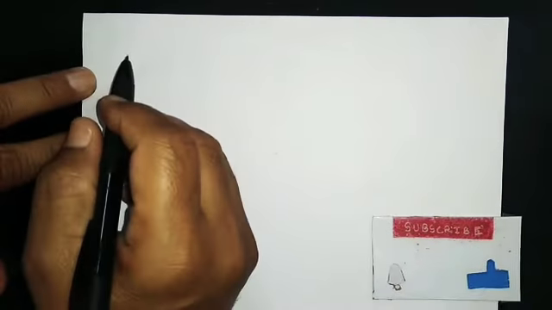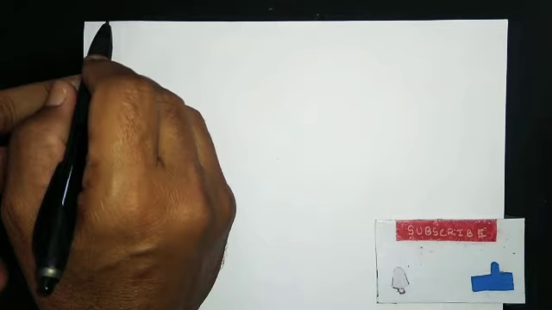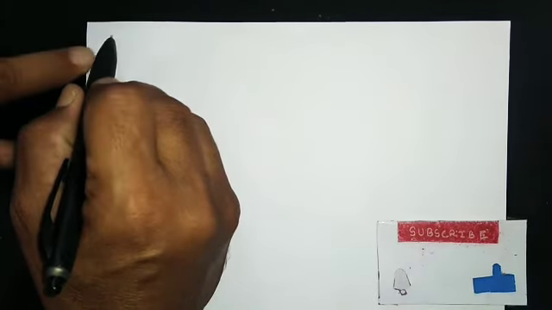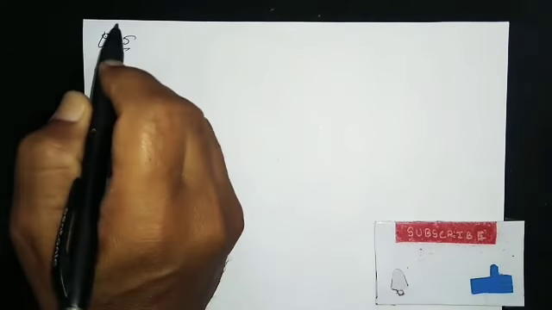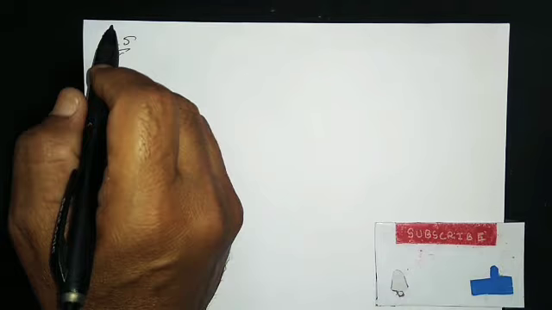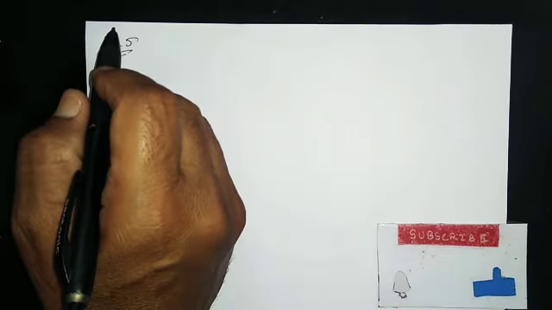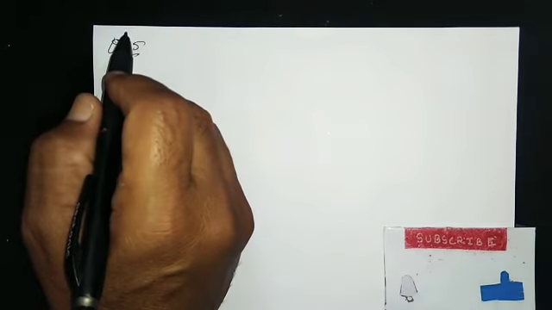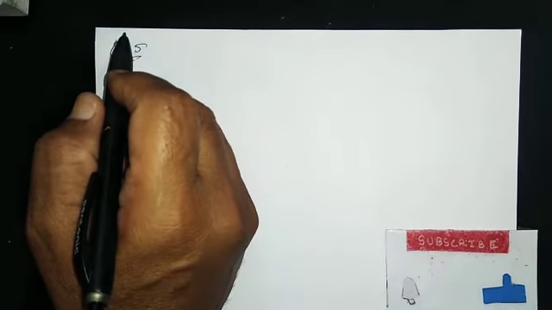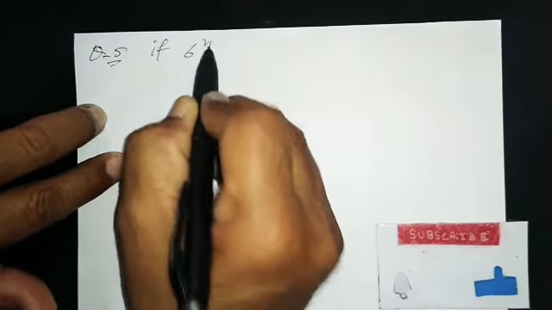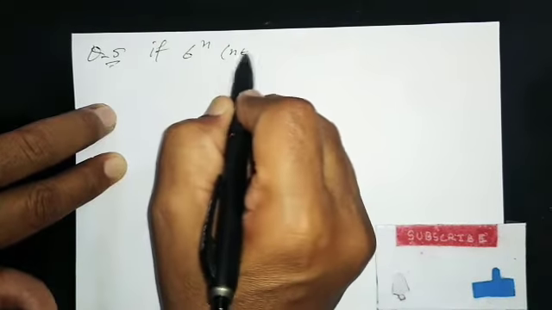Okay, now come to question number 5. What is question number 5? Check whether 6 to the power n can end with the digit 0, where n is any natural number.